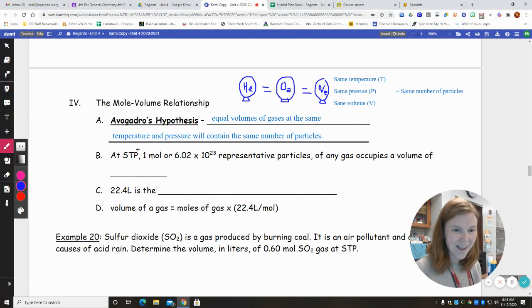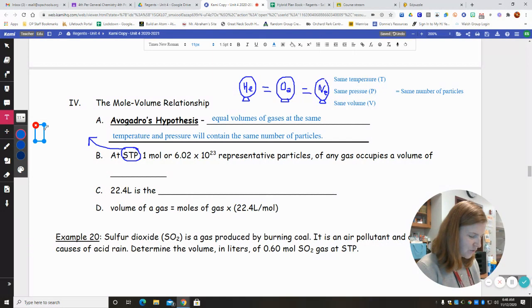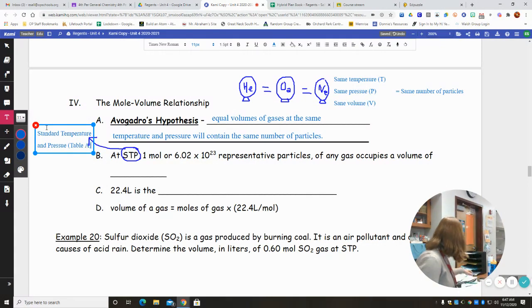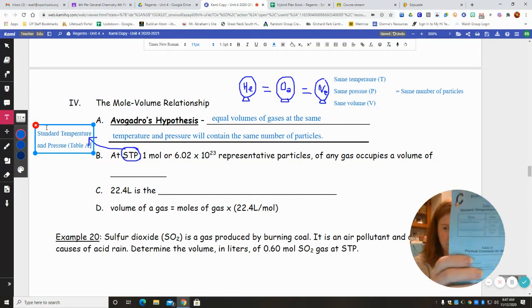So what that means is at STP, and we've seen this a few times before, what STP stands for is standard temperature and pressure. If you look on Table A of your reference tables, the very first table, right there, you can see we have standard pressure and standard temperature.